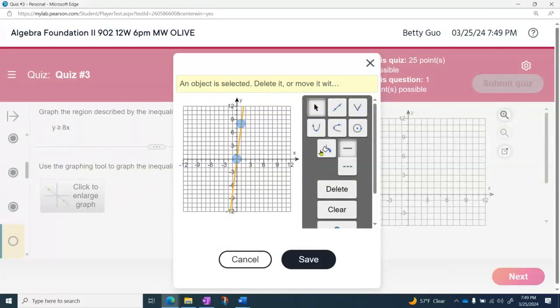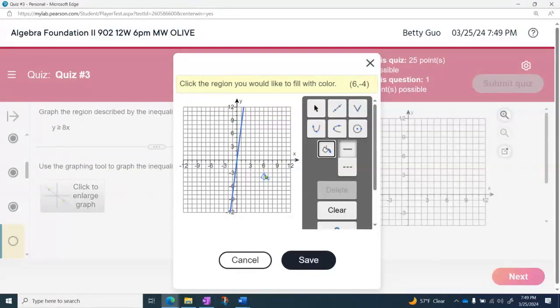And which side should I shade? This time I would try a testing point, let's say 3, 0. If you plug in 3, 0 into the original inequality, would you get a true or false statement?